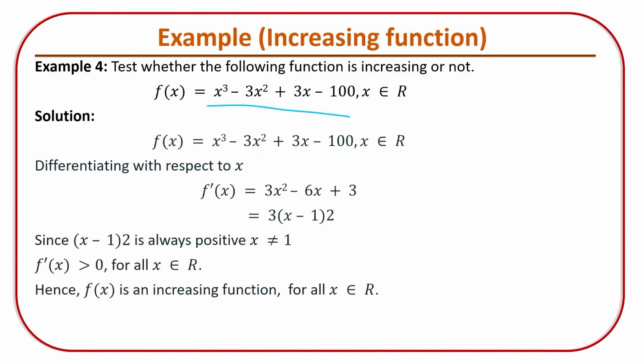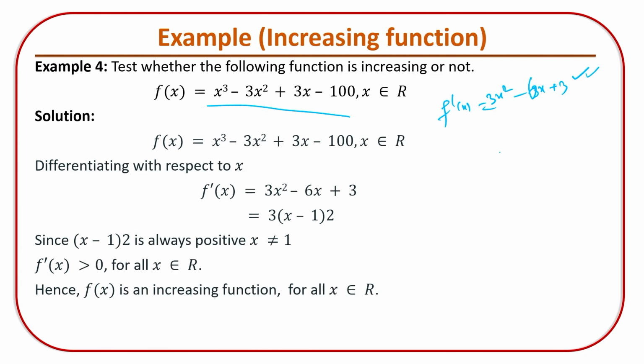Test whether the following function is increasing or not. So f x is given, and I have to test it on the whole real line. So calculate f dash of x. F dash of x is what? 3x square minus 3x plus 3, right? Make this 3x square, and this will be 3. Okay, so this will be 6x, and this is 3.